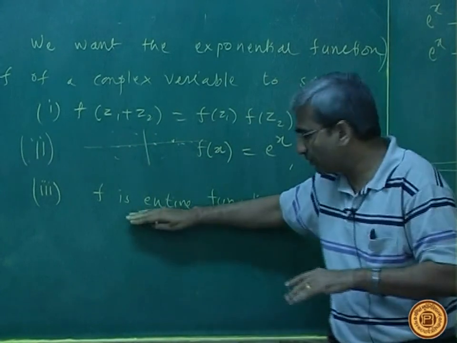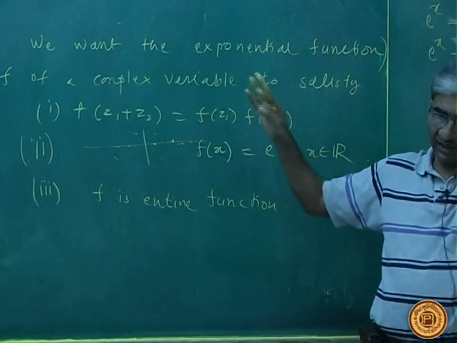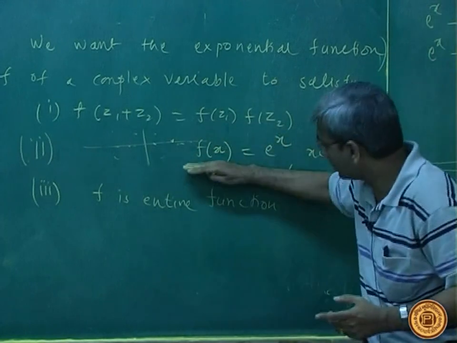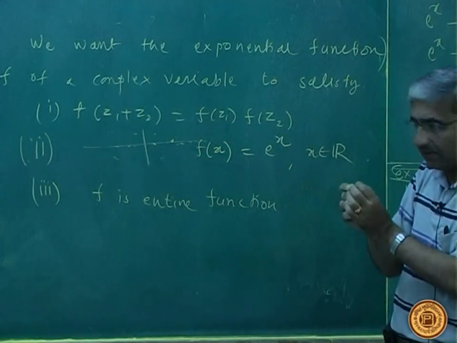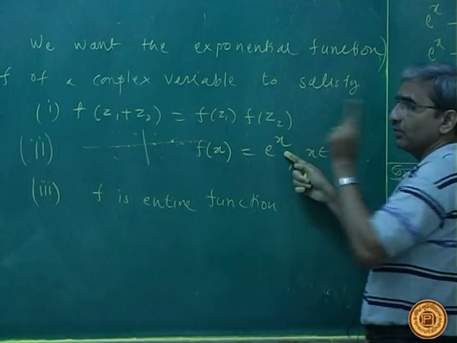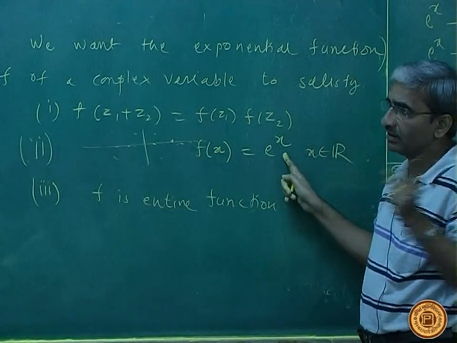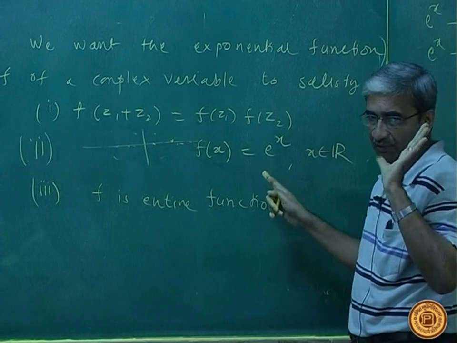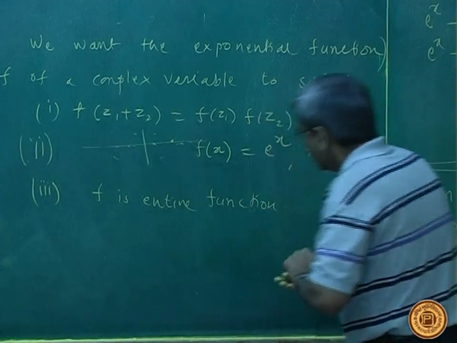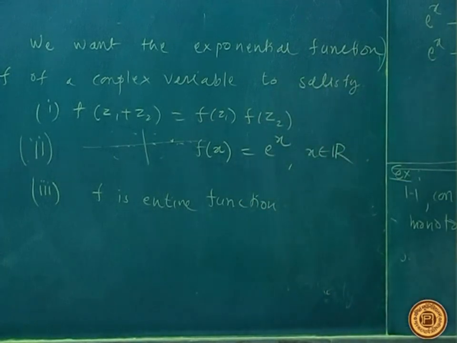Then I want the function to be differentiable everywhere, like it was in the case of real. And I want that if z itself is real, then e to the power z is the same as our original, predefined function e to the power x. So these three properties I want.